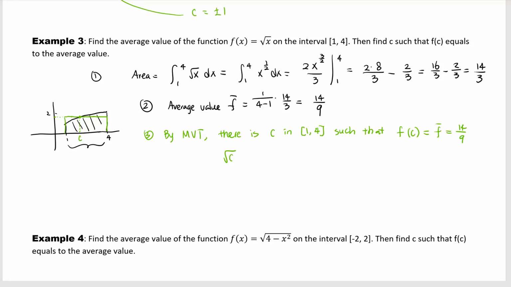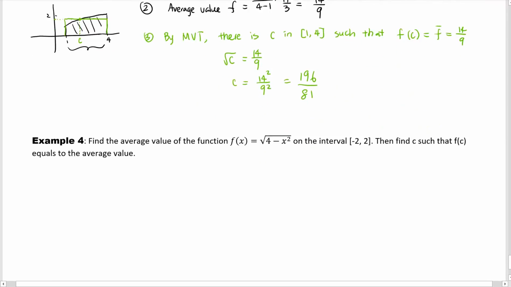Well, that's square root of c. Okay? How do we solve for c? Square both sides. So 14 squared over 9 squared. What's 14 squared? 196. 9 squared, 81. Okay, so this is the c value. Do you have the same answer? Good, let's continue.